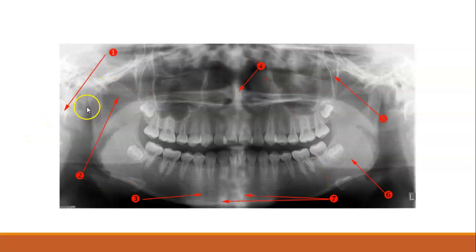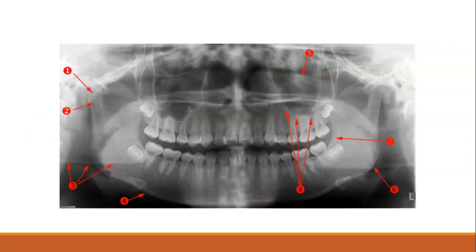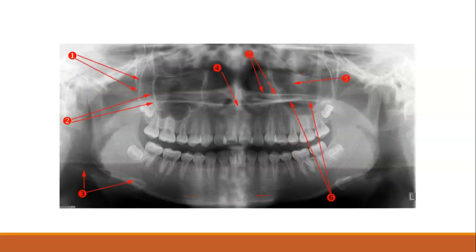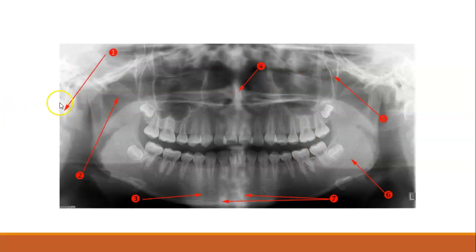So 1, are these all the same? Oh, it is the same pano. I didn't notice that until just now. Okay, 1 is pointing to the vertebrae, so we can start to see the vertebrae here, and we can see it over here a little bit. 2 is the inferior border of the zygomatic arch.